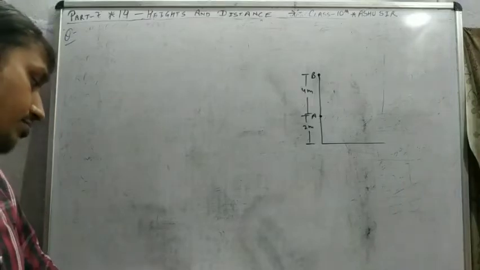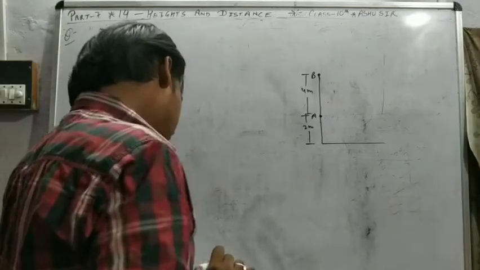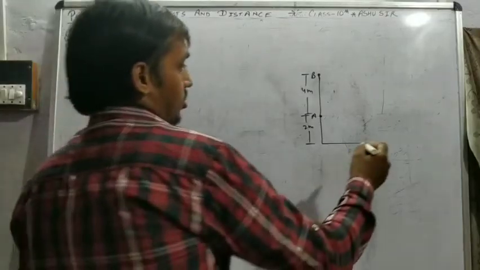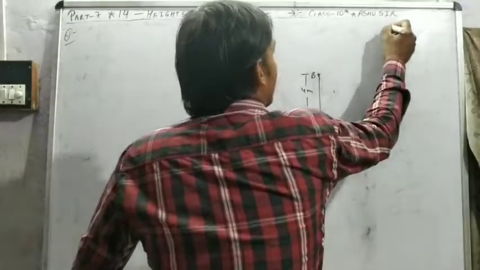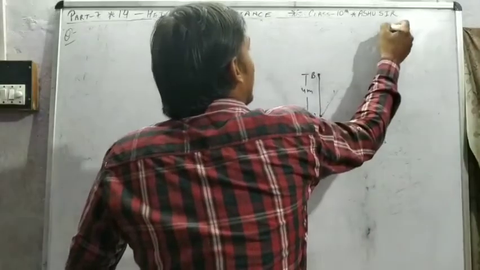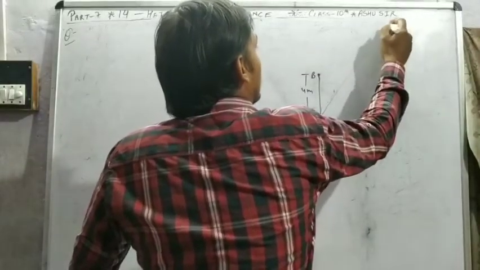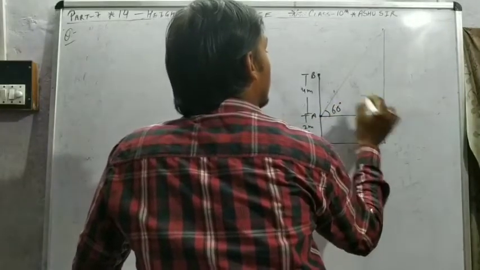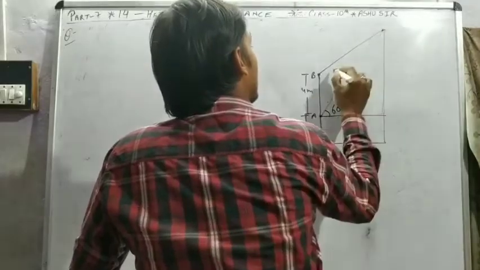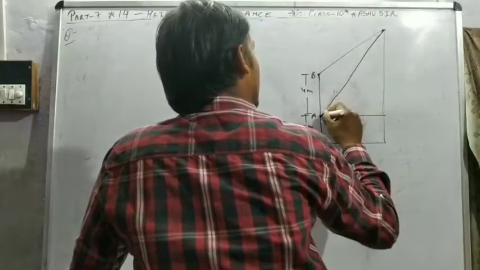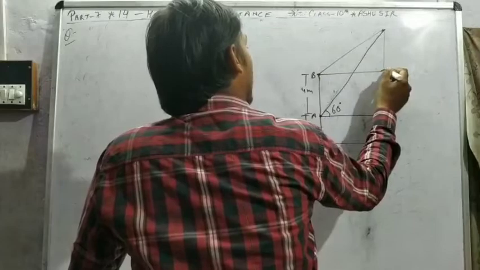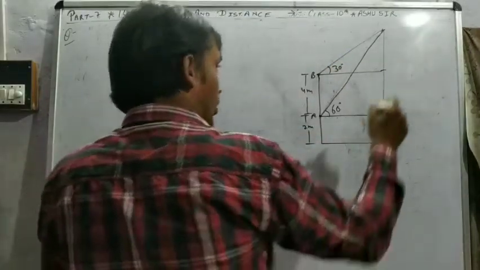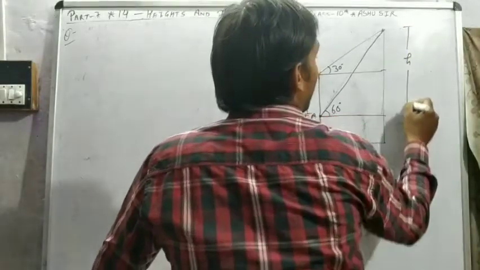At that time the angle of elevation of the balloon from the first window is 60 degrees, and from the second window the angle of elevation is 30 degrees. So find the height of the balloon.